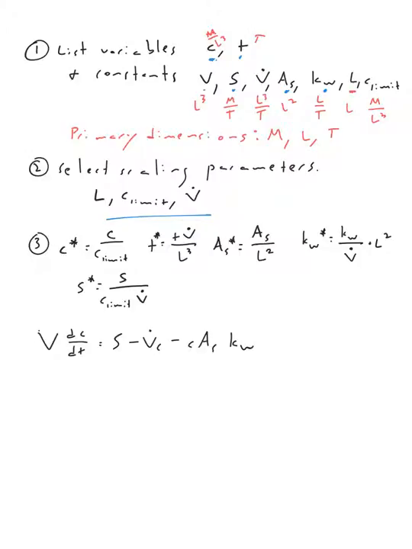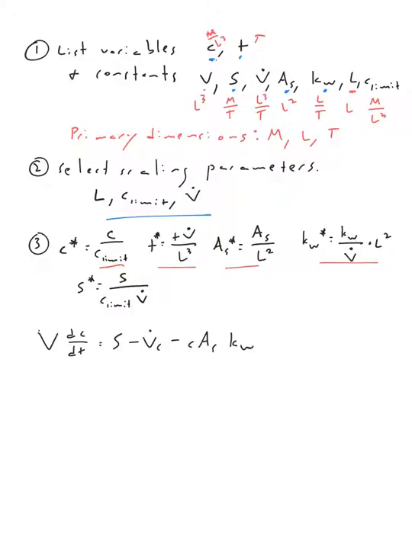Okay, so how are we going to non-dimensionalize this equation? We are going to take each of the values in this equation. We are going to solve for them in terms of these dimensionless variables we defined, and we are going to plug in, all right?